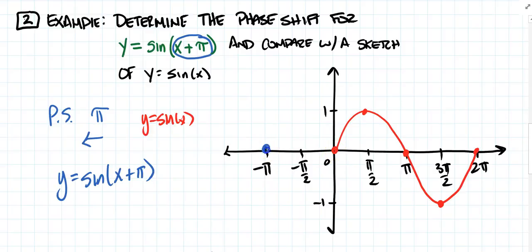So this dot ends up being here, this dot here, this dot here, this dot here, and this dot here. Notice that each one has gone a distance of pi radians to the left, and you end up with this awesome, beautiful graph.